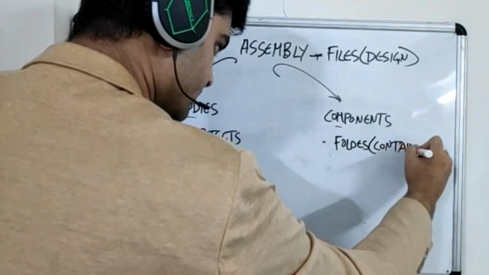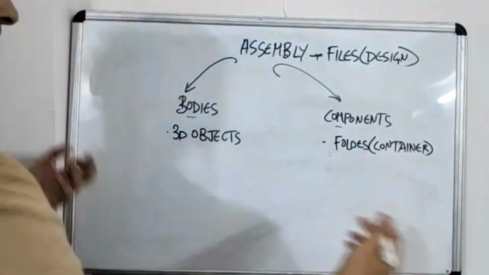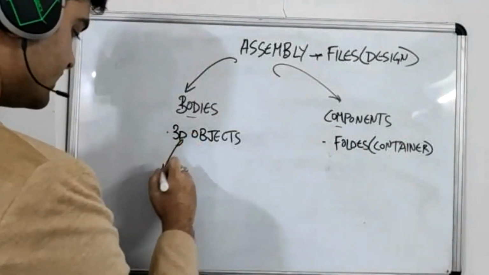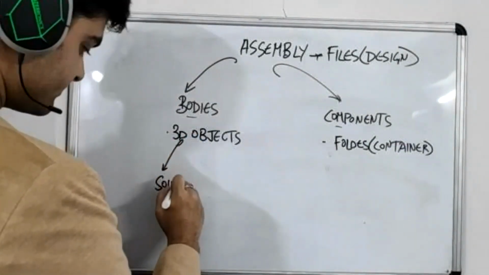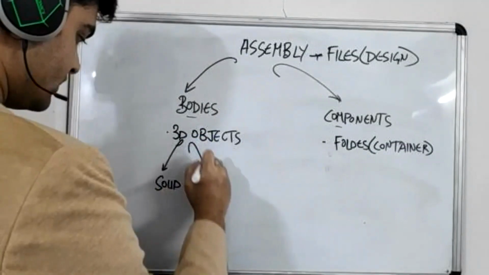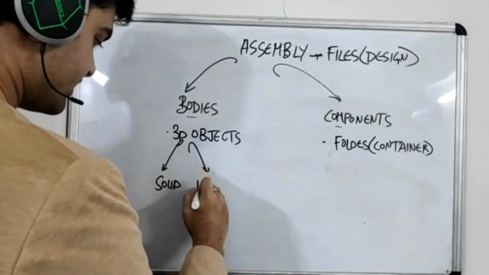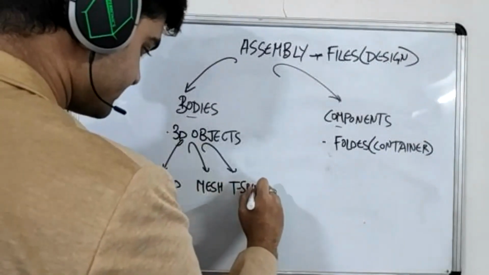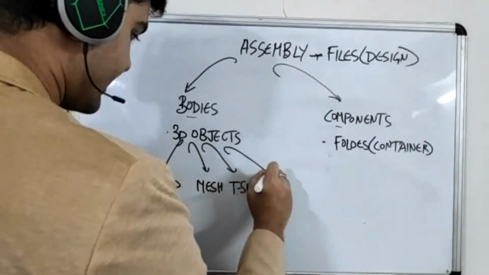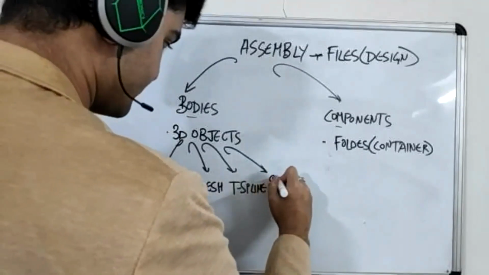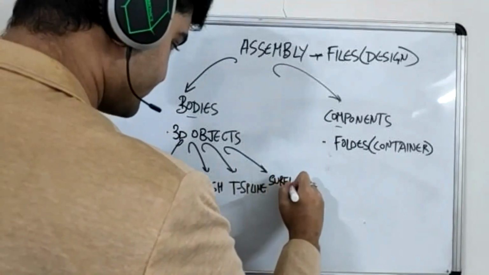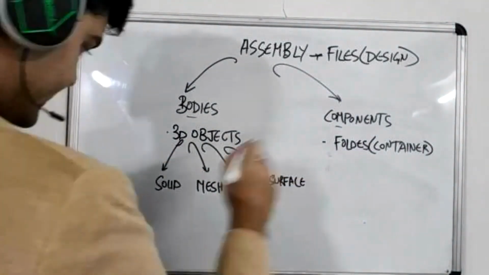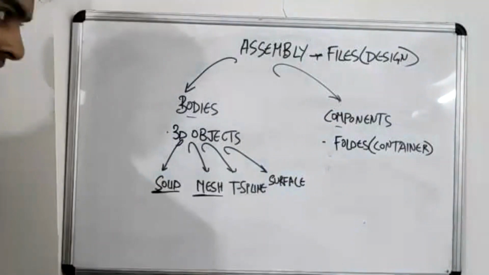About bodies, in Fusion, we have solid bodies, we have mesh bodies, we have T-spline bodies, and last but not least, we have surface bodies. For our purposes, we only need to know about solid and mesh bodies, which we'll see.